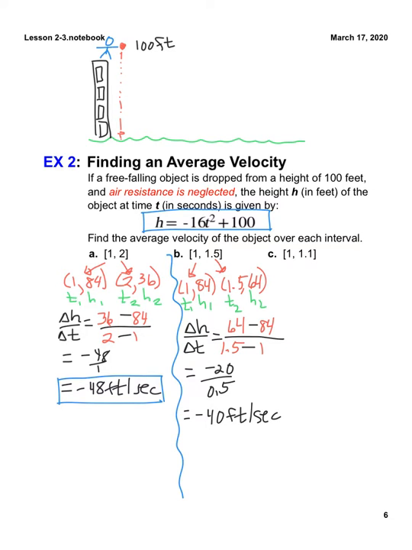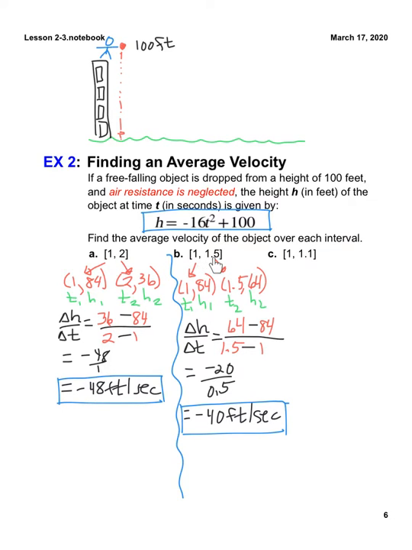So as you can see, this is a longer time period between time values. From 1 second to 2 seconds, we had an average velocity of negative 48.